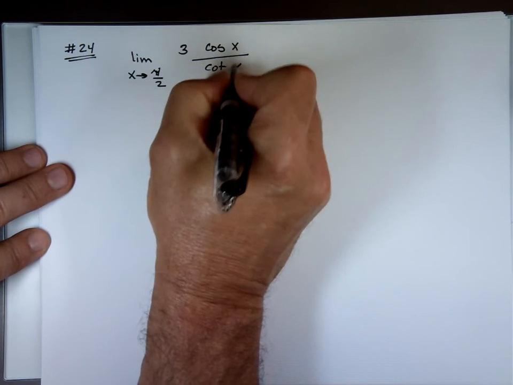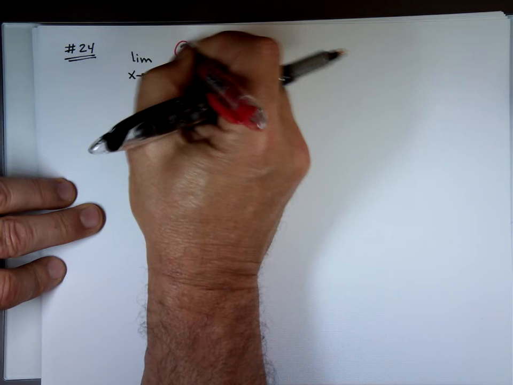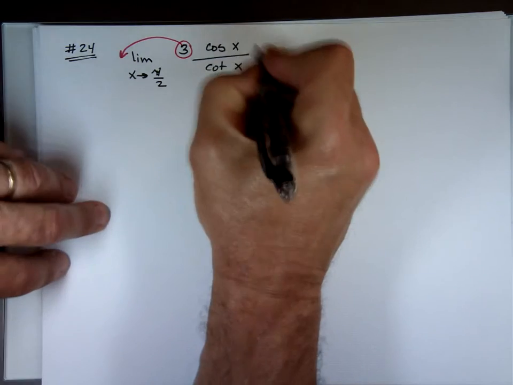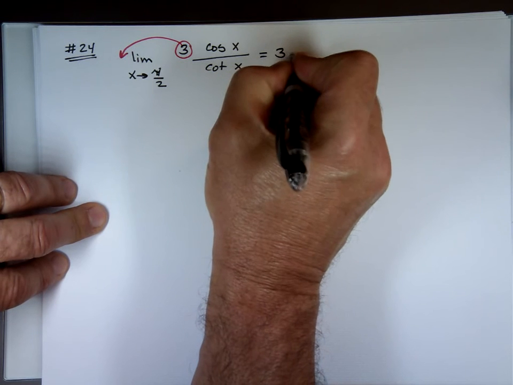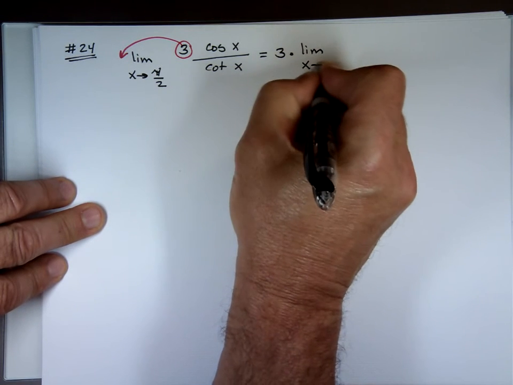You know we can take the 3 to the front, put it outside the limit. Less distraction. So that'll be 3 times the limit as x approaches pi over 2.